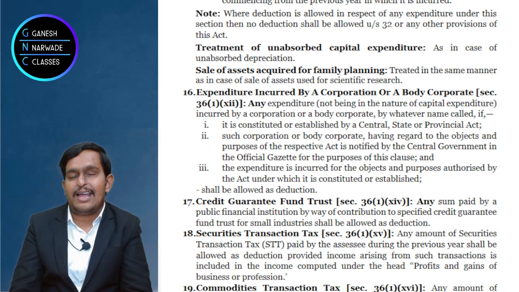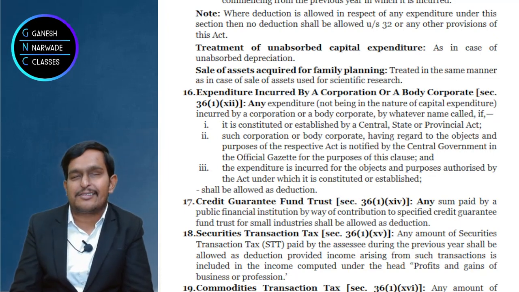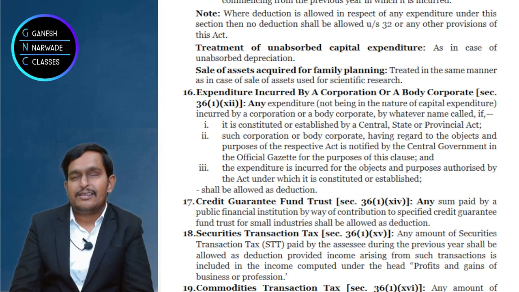Securities transaction tax, commodities transaction tax. Suppose you are trading on a stock exchange, you pay some tax to the stock exchange, that is securities transaction tax. If you are trading on a commodities market like MCX, you pay tax to the commodity exchange.